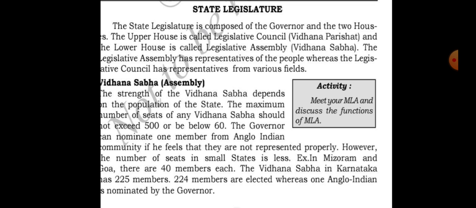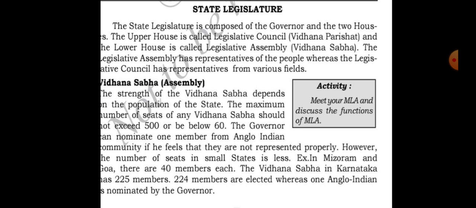Now let us see how our lower house or Vidhana Sabha is formed. The strength of the Vidhana Sabha depends once again on the population of the state. The maximum number of seats of any Vidhana Sabha should not exceed 500. That means the members should not be more than 500 or below 60.